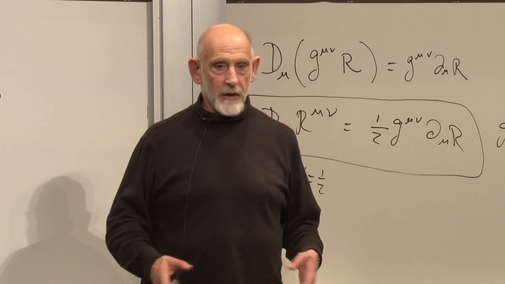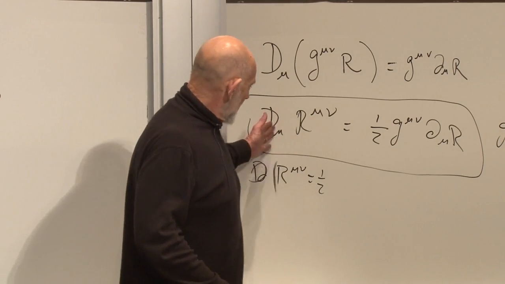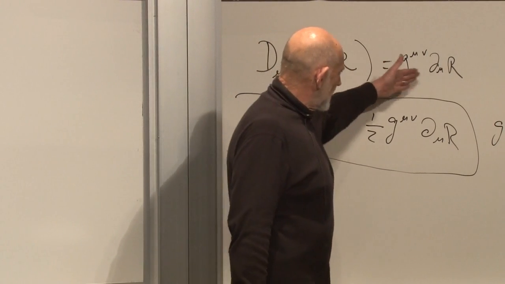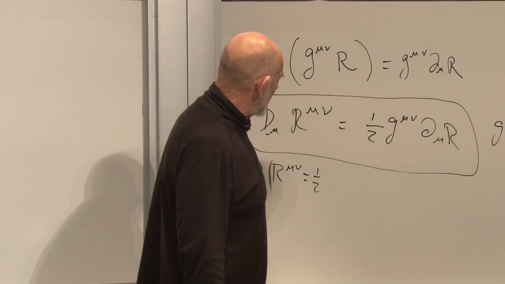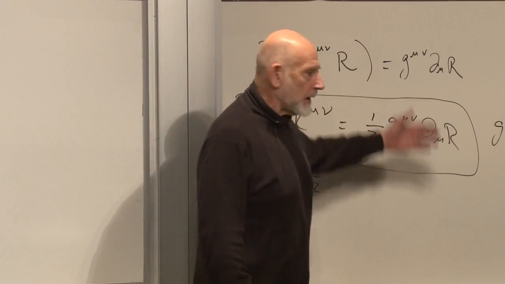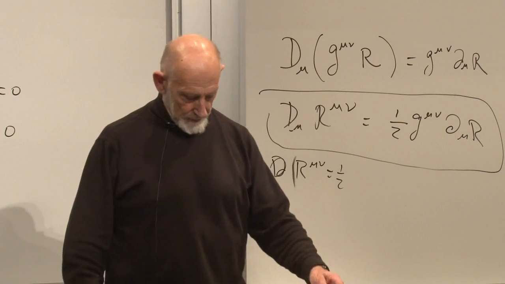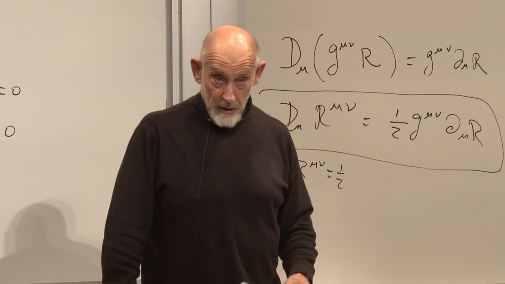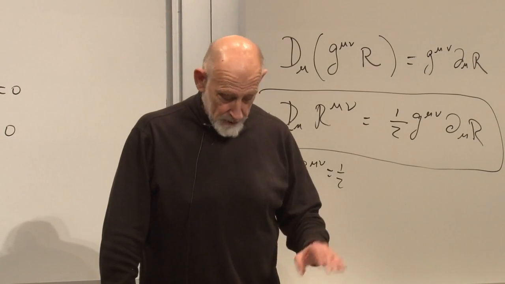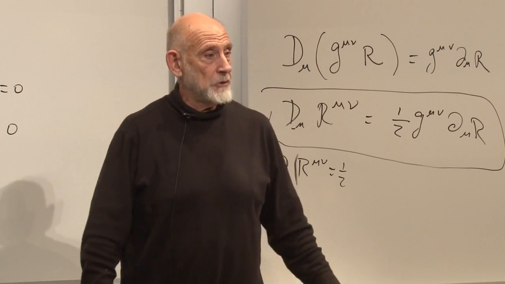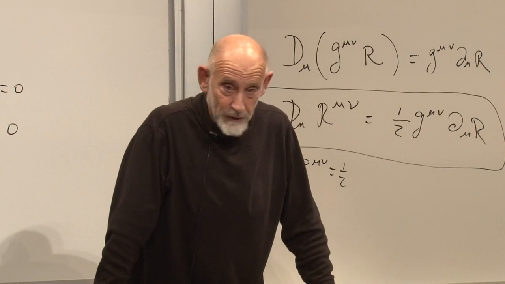So I can envision him having done this little calculation, noticed that it agreed with this calculation, and that if he combined them in the right proportions, he would have what he needs. As I said, there is another argument. The other argument is much more elegant, but this was the first round of things that he did.